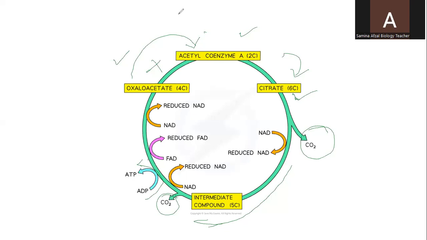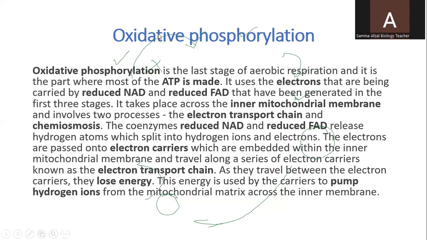With the end of this third stage, the fourth stage will start, and the fourth stage is oxidative phosphorylation. During this oxidative phosphorylation, which takes place in the inner mitochondrial membrane, is the part where most of the ATP is formed.